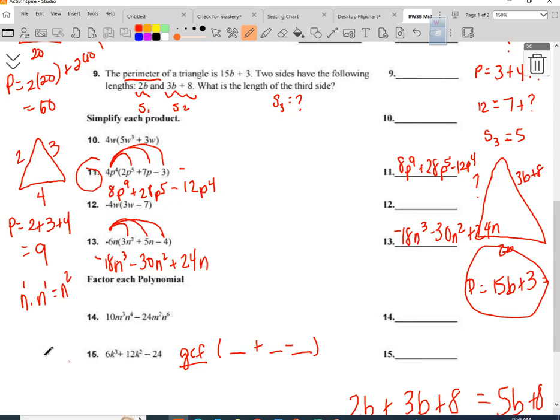So remember how to do it if you're stumped. Do the factors of each of the numbers. 1 and 6 are factors of 6, and 2 and 3 are factors of 6, right? If you do the factors of 12, 1 and 12, 2 and 6, 3 and 4. If you do the factors of 24, it doesn't matter if it's negative, 1 and 24, 2 and 12, 3 and 8, 4 and 6. So look at all sets of factors.